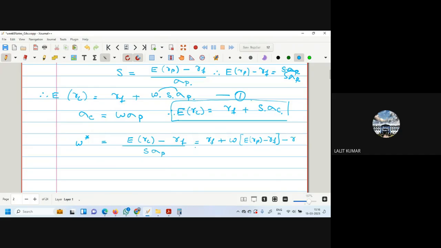And I do RF divided by S into sigma P. Is this okay? So here we will get W square is equal to RF. RF will cancel out. Just hold on, I have committed some mistake somewhere.